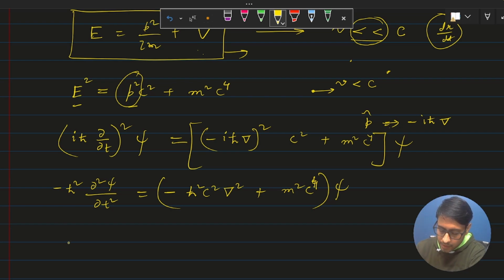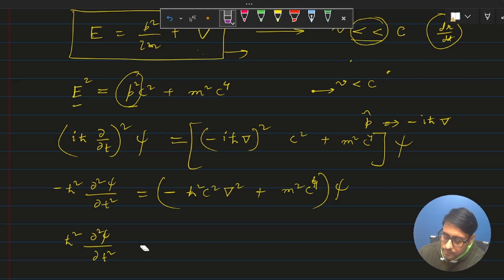So h bar square del 2 psi over del t square plus, no, this term can be a negative term, so minus h bar square c square nabla square plus m square c to the power 4.